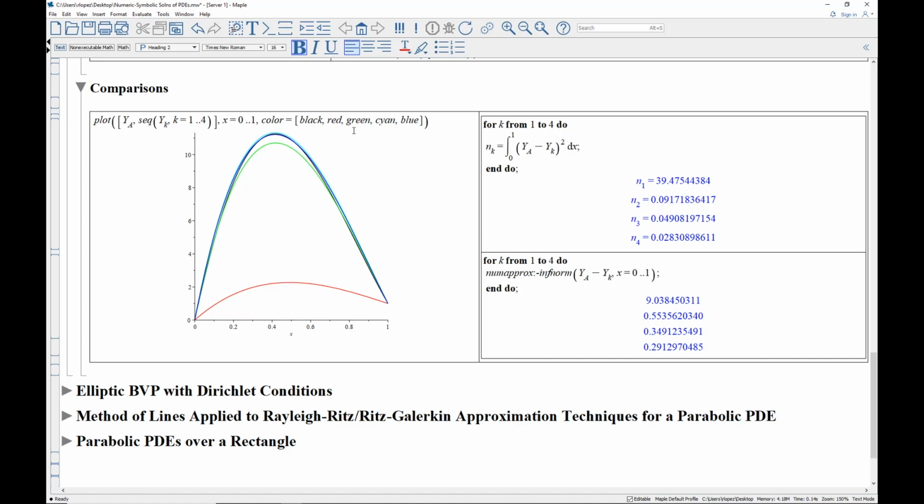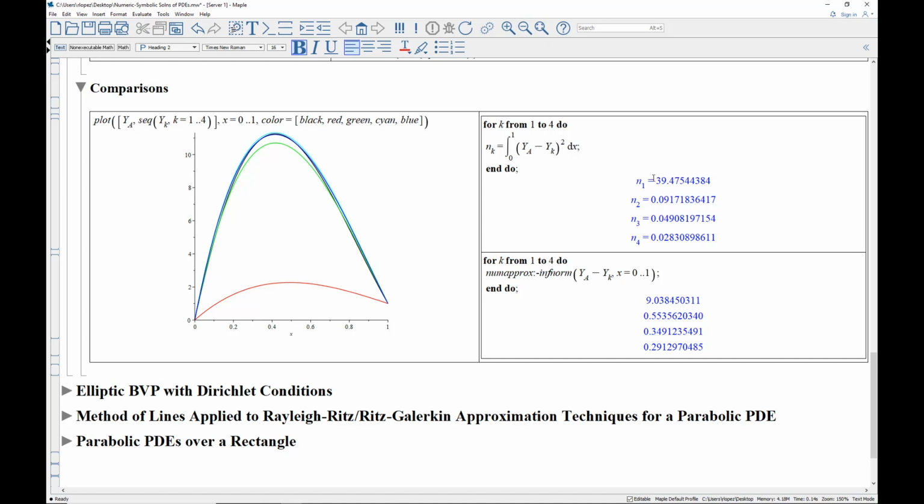The green one comes next. That's this one. Remember, the green one was Rayleigh-Ritz. Cyan was Galerkin, and blue was Collocation. So here is one analytic way to look at the comparison. Look at the L2 norm of the difference.